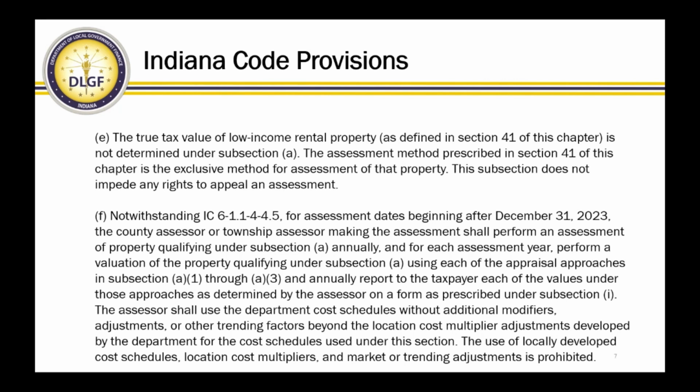Management practices could be another reason for a high vacancy rate. So the assessor has to look at all facets of the income and expense information and do an analysis and see what the vacancy rate is in their jurisdiction.